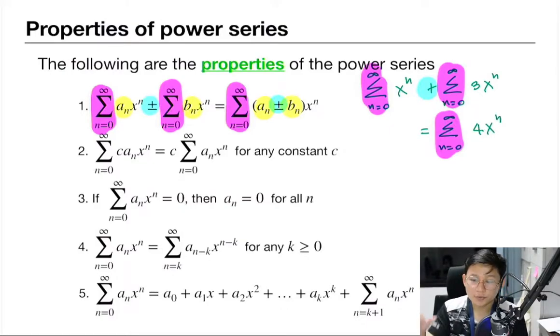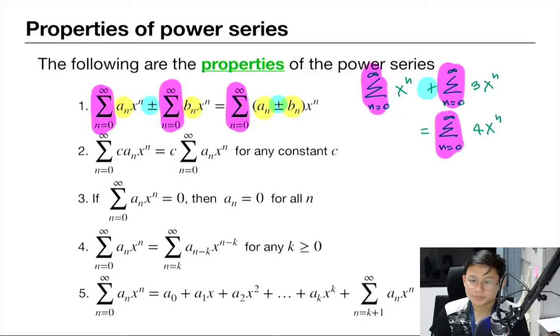Okay, so if you have the first series plus the second series, you can take it as one series, and you take an x to the n plus bn x to the n. And if you have the first series minus the second series, you can take it as one series, but you take an minus bn x to the n.